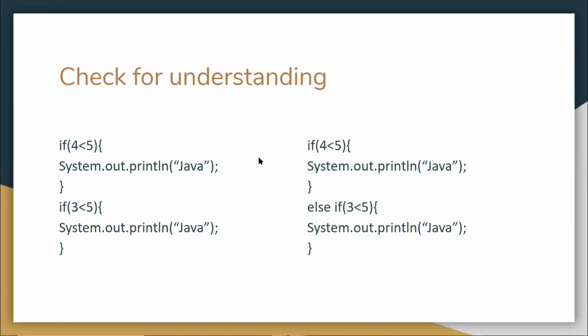Okay, so no one's, okay, yeah. Left prints 2 and the right will only print Java once. That's correct. Because an else statement is only run if the if statement above it is evaluated to false. Since 4 is less than 5, in this scenario, it would not be run. So that's correct.